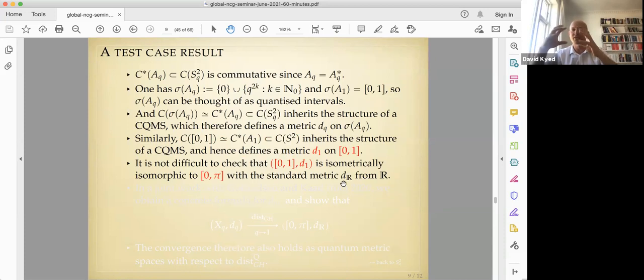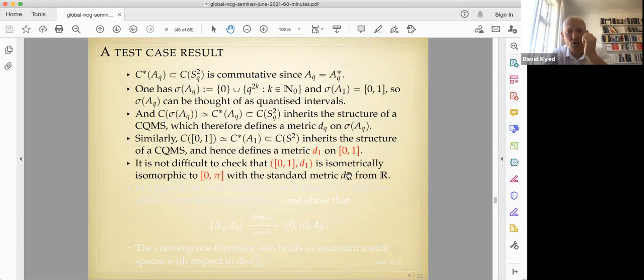I think one should really think of it as you have a round 2-sphere, and then this spectrum here is stretched out half of the north-south pole circle. So this is why the metric becomes what it is.